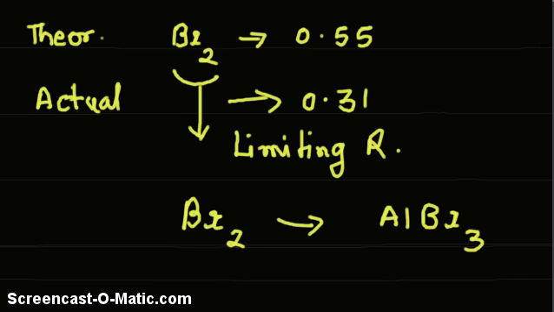So we know 3 moles of bromine give 2 moles of aluminum bromide. So the ratio is 3 to 2. Using this ratio, we will find the theoretical yield, the theoretical production of aluminum bromide.